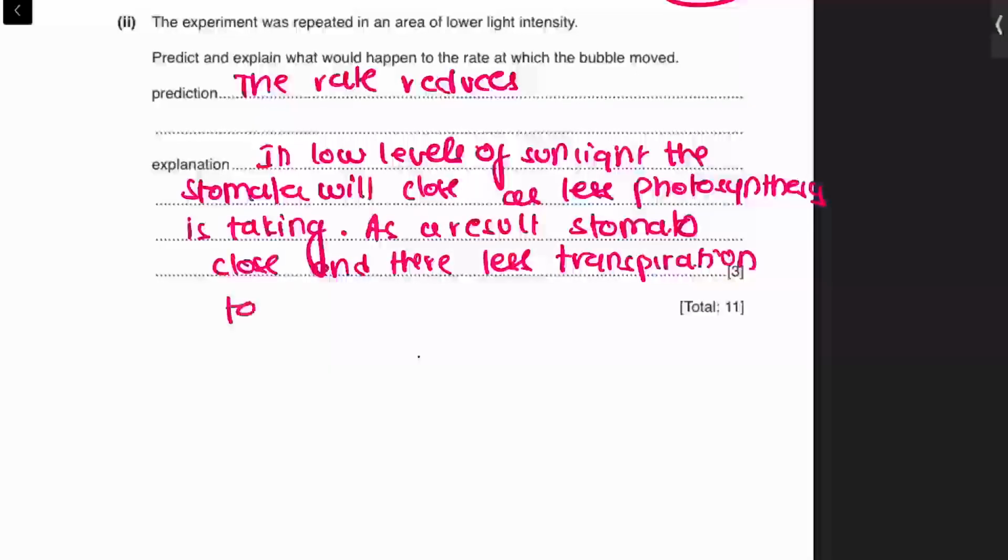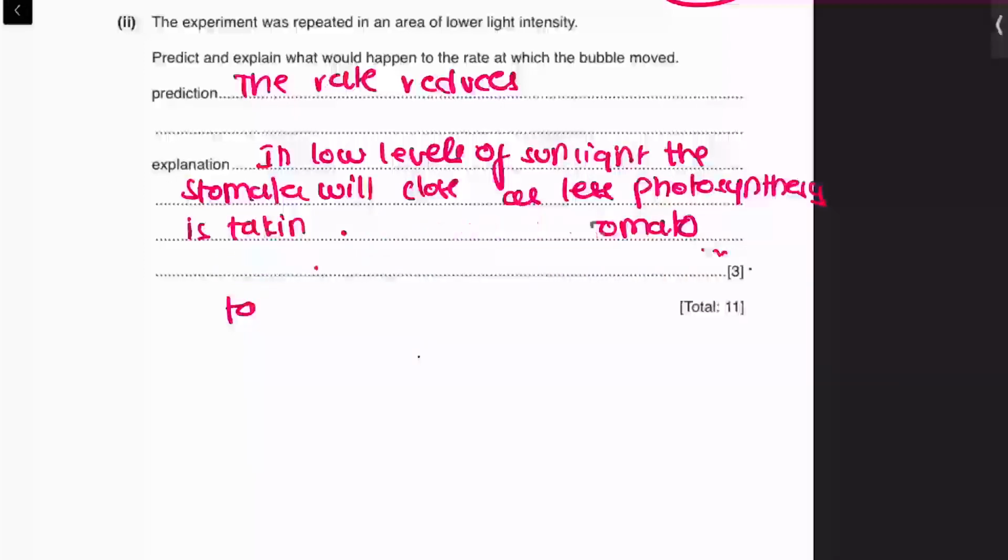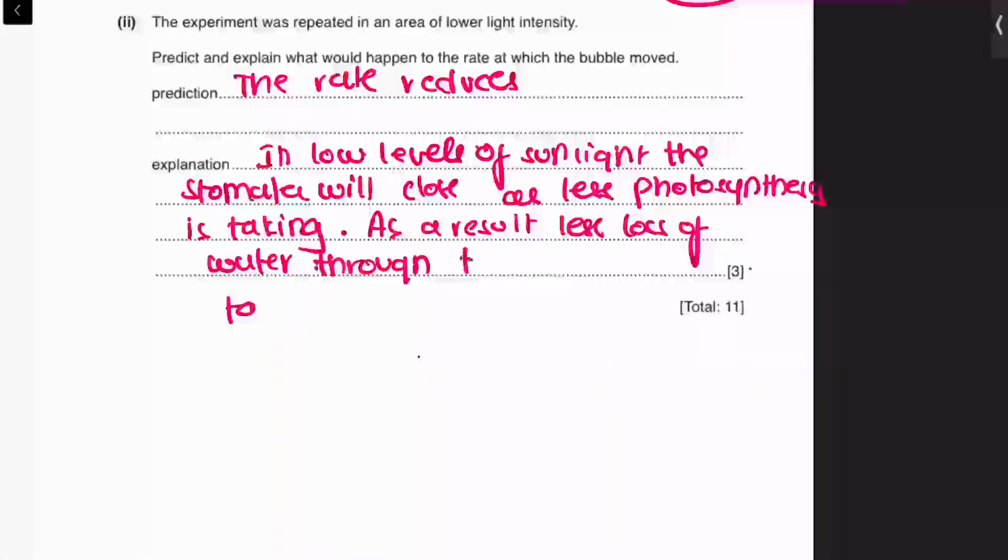If it is a low level of sunlight, the stomata close. As a result, there is less loss of water through transpiration. In low levels of sunlight, the stomata will close as less photosynthesis is taking place. As a result, less loss of water through transpiration occurs.